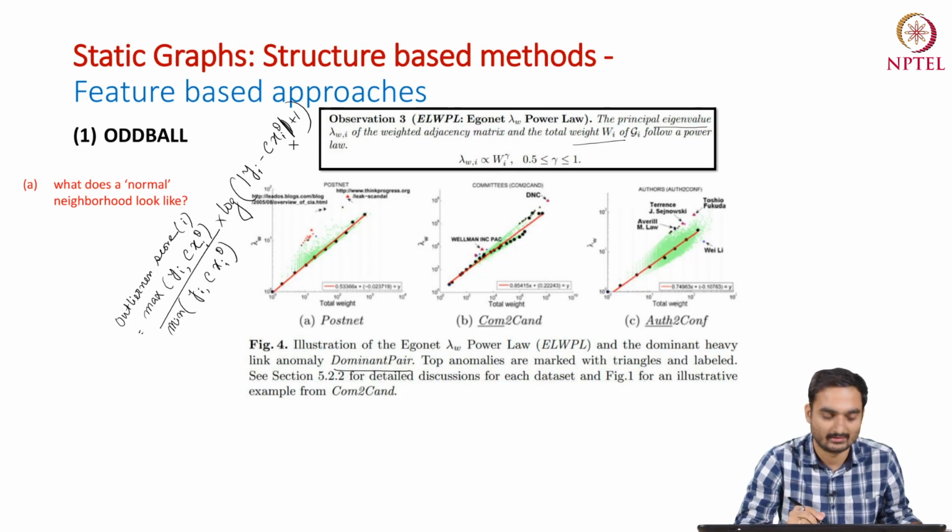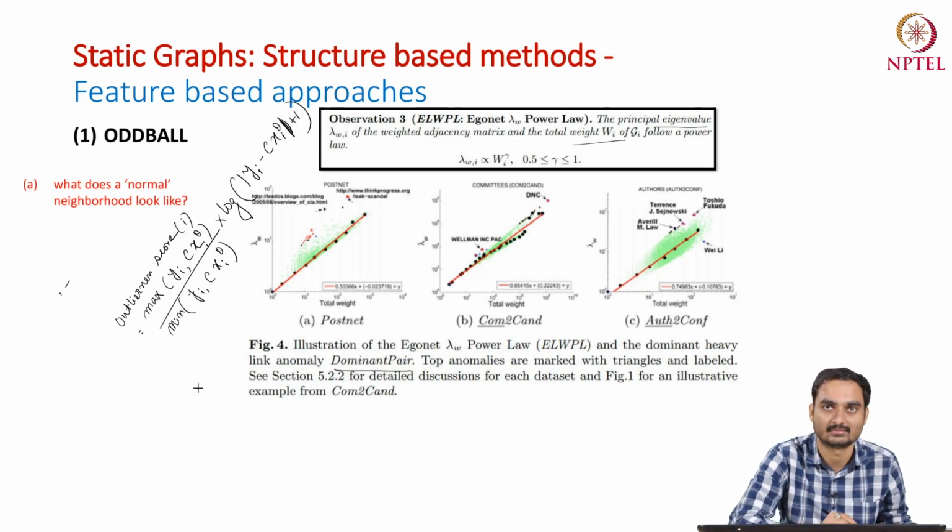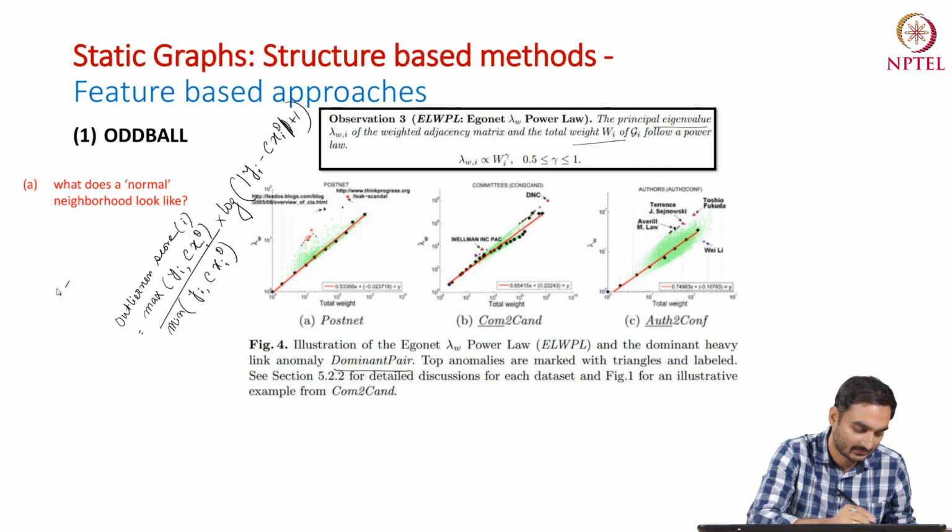Let me explain what it is. For every node i, you have a pair of features. There are 4 features, and you can have 4C2 pairs. Let's say one such pair is xi and yi.